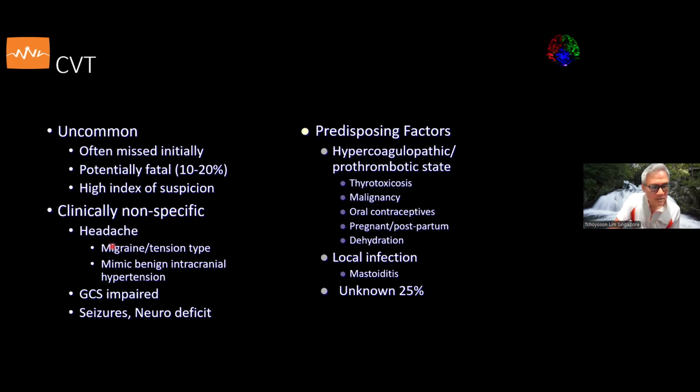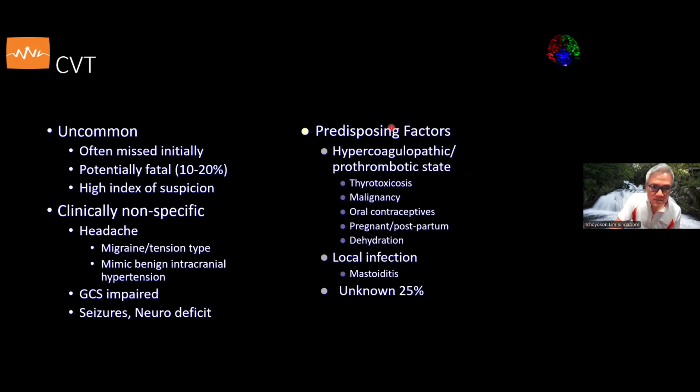The number one symptom is usually headache and non-specific. If the headache gets worse and the thrombosis in the vein is not reversed, the conscious status may be impaired and the patient may have neurological deficit or seizures.